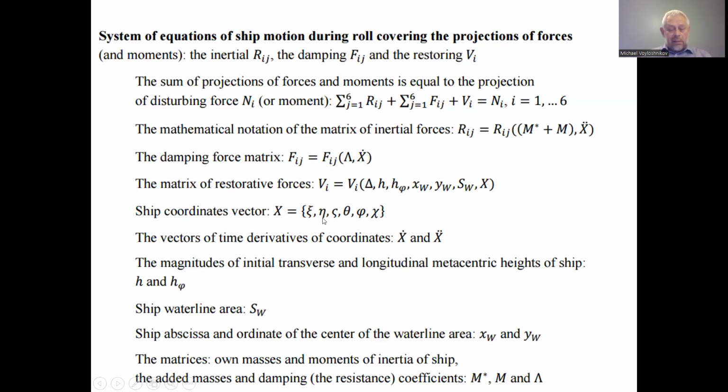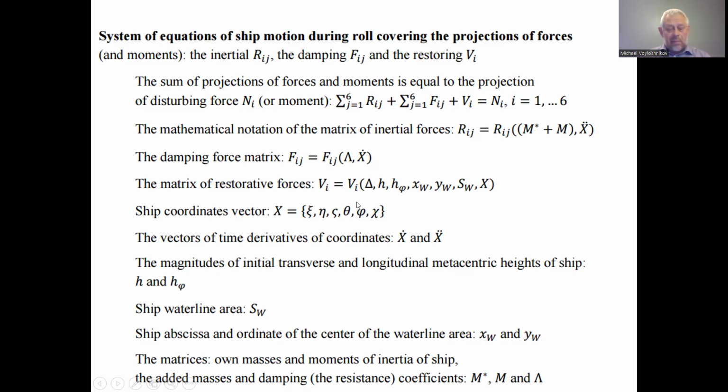This eta is the translational displacement of ship along the ordinate axis. This zeta is the applicate of the translational motion of ship. Theta is the angle of ship heel relative to the abscissa axis.